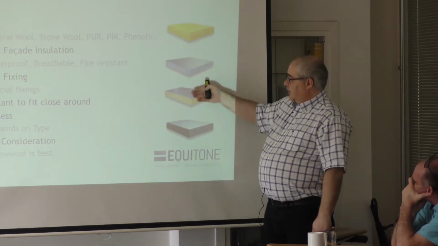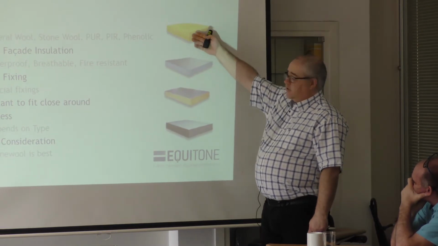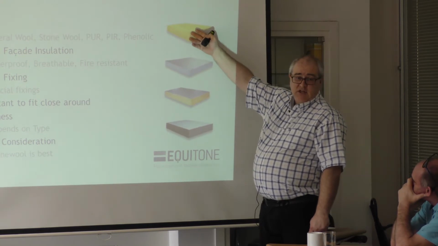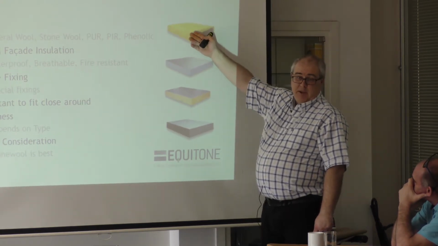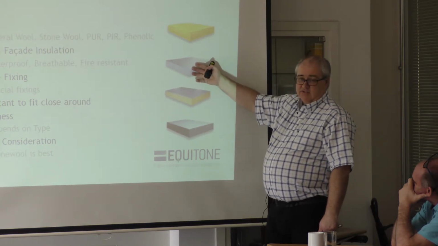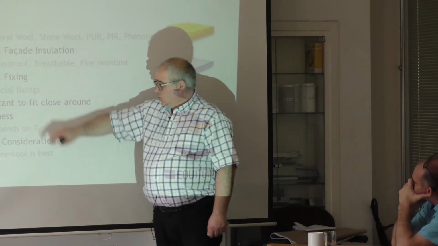However, these do have certain advantages. There's that black one there. These do have certain advantages over the mineral wool, and the mineral wool has certain advantages over these. The big one for the wool is ease of use and fire. Big time. However, I think on these ones you can get away with less fixings. It's very important they're fixed securely.